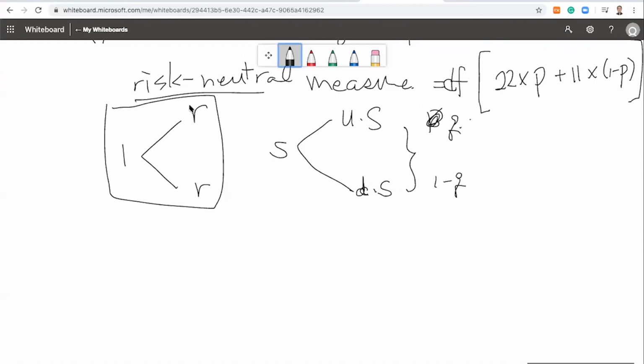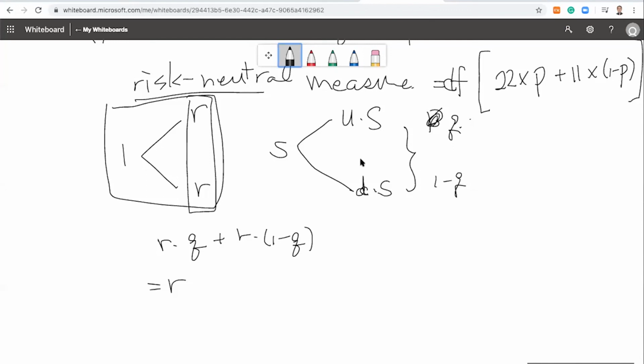The expected value here is R times Q plus R times 1 minus Q. But actually it doesn't matter, because it is just R, since Q and 1 minus Q cancel out.